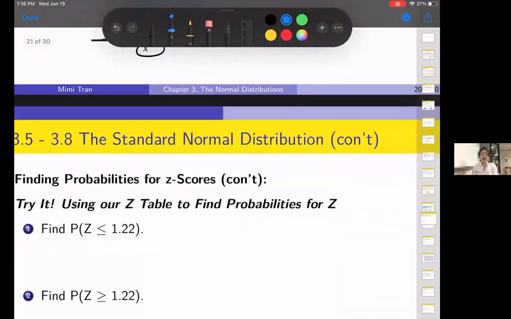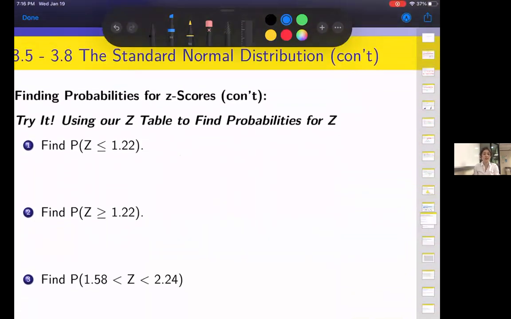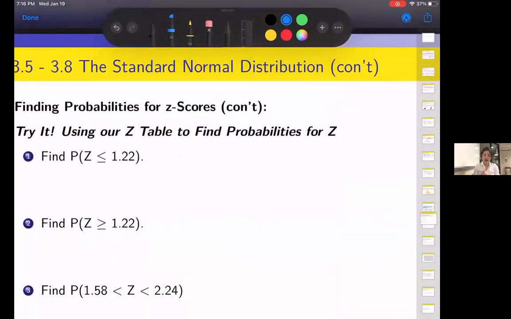Okay, let's practice using the z table, because this is what we're going to use on your exam. I want you to find the probability where z is less than or equal to 1.22. Remember I showed you how to write the probability in notation like that? Let me draw that curve.